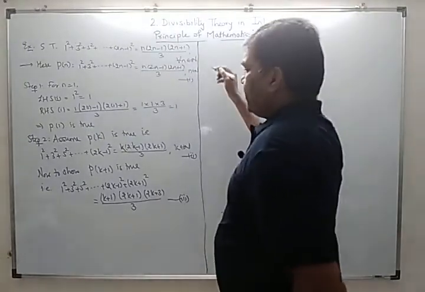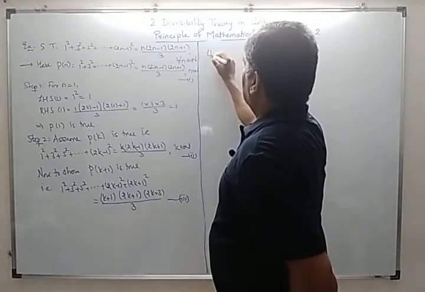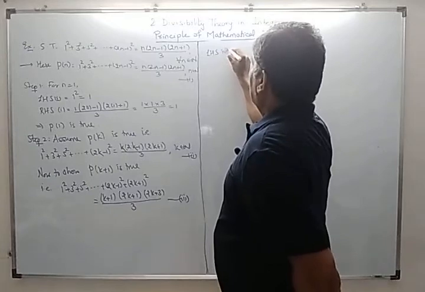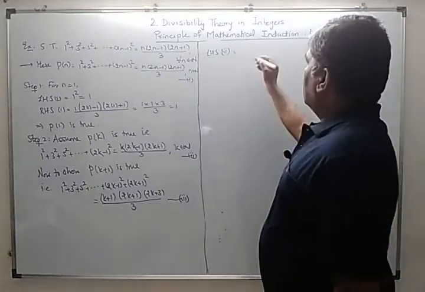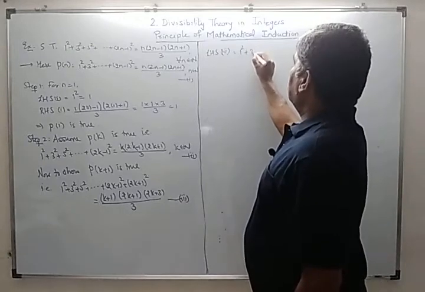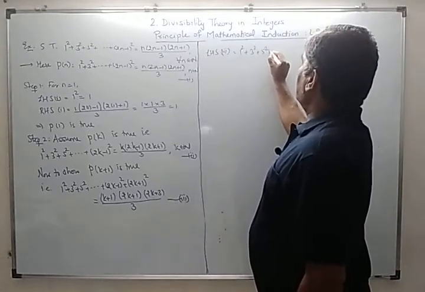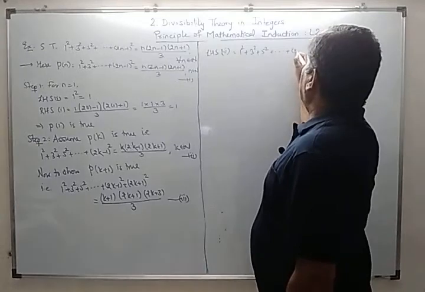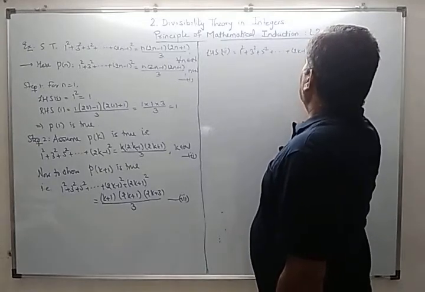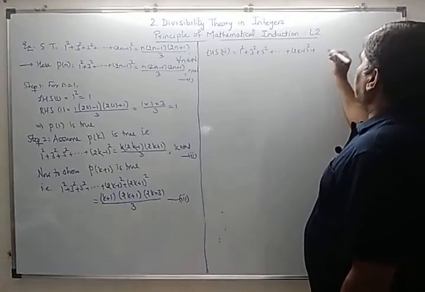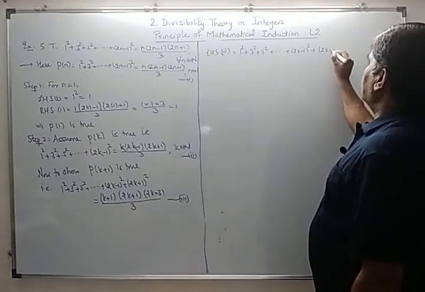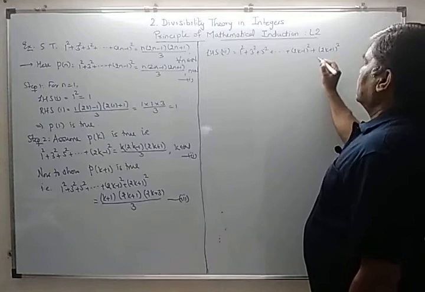Left hand side of 3 equals 1 square plus 3 square plus 5 square plus up to (2k minus 1) square, then 2(k plus 1) minus 1, that is (2k plus 1) square.